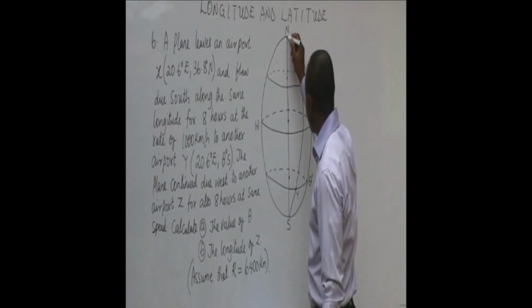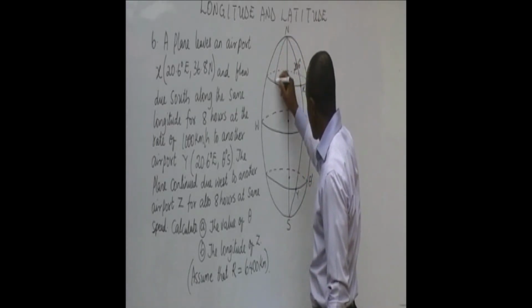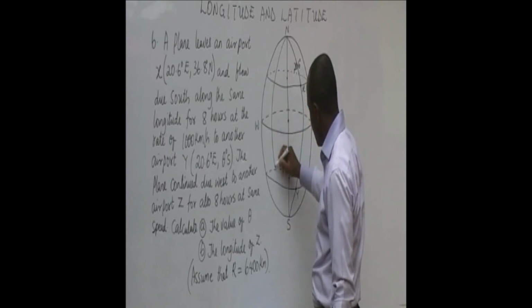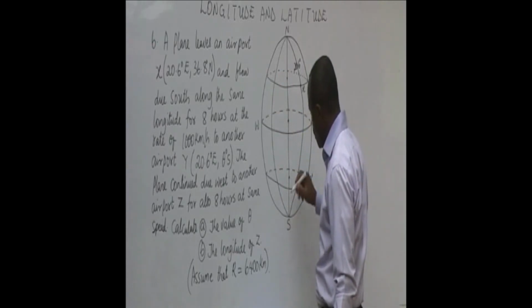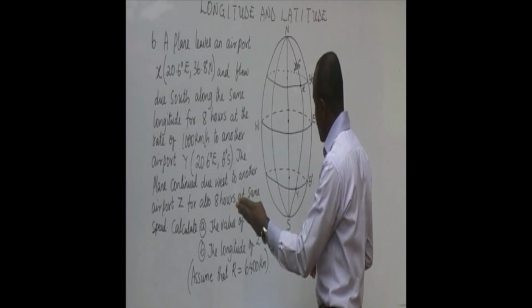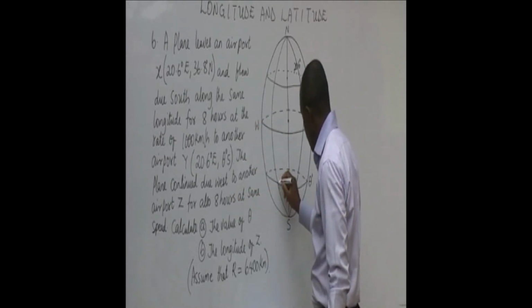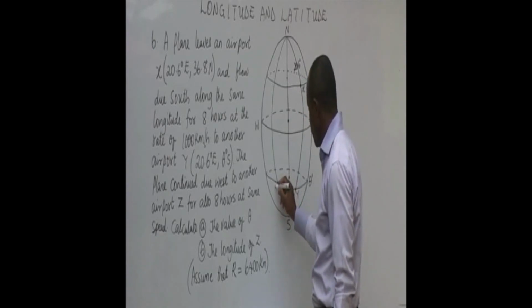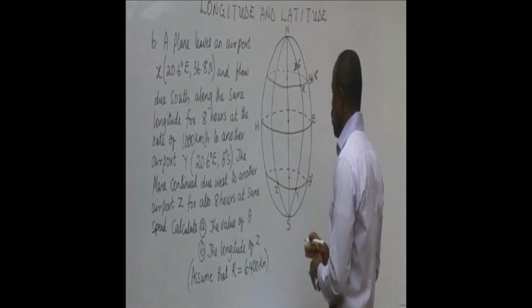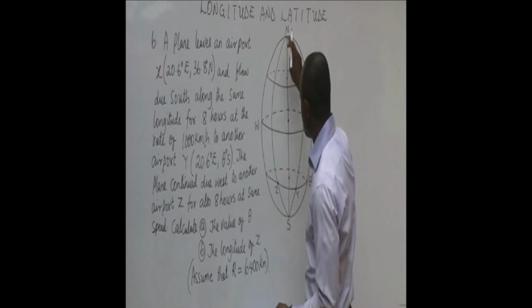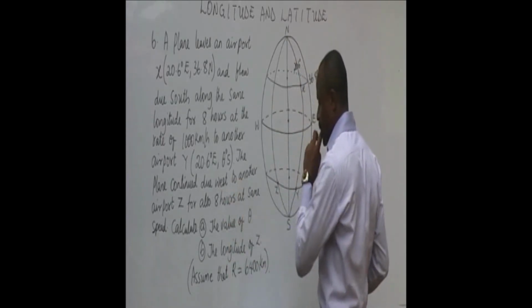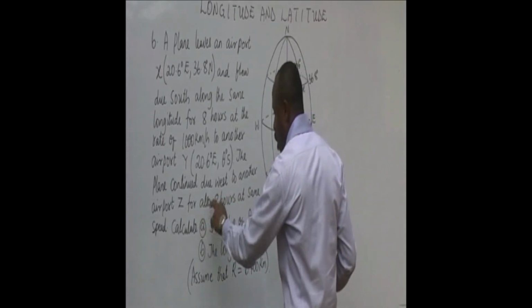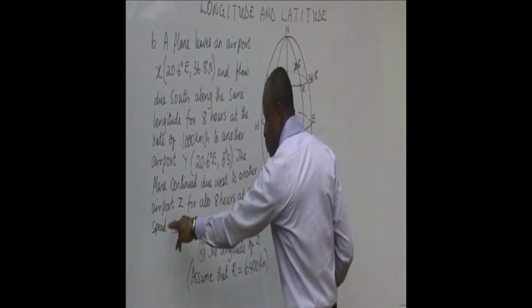So we have to create another line of longitude on the western side now, and we're going to call it Z. We don't know this line of longitude. The question did not tell us. It flew also for 8 hours at the same speed.